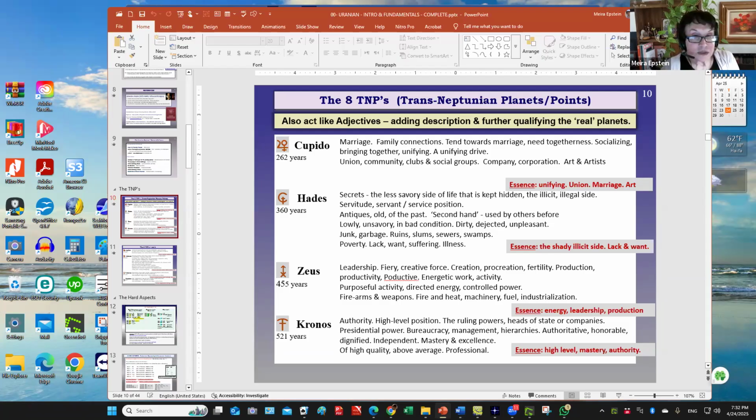So how do we use them in the chart? Two important ways. One is in the natal chart, especially on the 90-degree dial, and also by solar arc. By progression, forget it. They move like a minute in 50 years because they move very slowly. By secondary progression, don't bother.